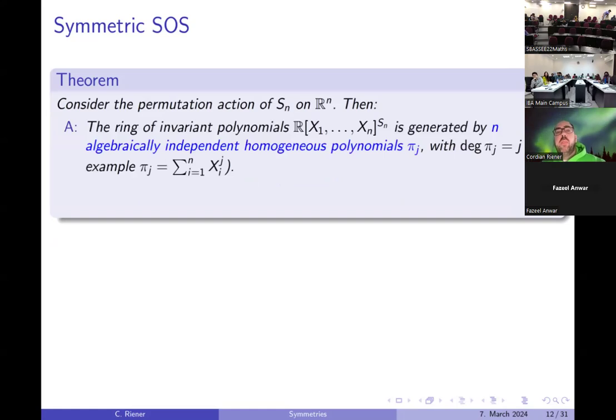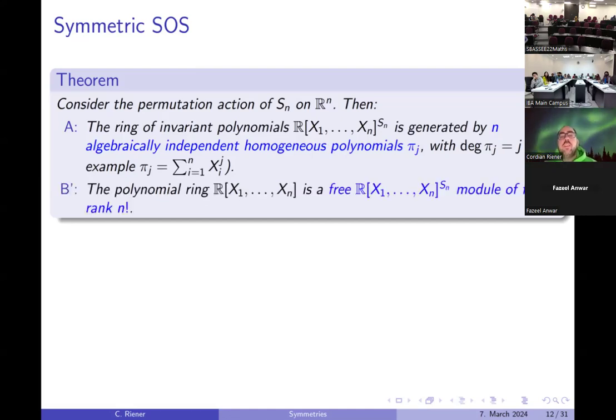Okay, so now let's try to generalize this a little bit for the permutation action of Sn on Rn. So we know, and this we have already seen, that not only for the simple toy game of S2, but for all Sn permutation actions on Rn, the ring of invariants is generated by n algebraically independent homogeneous polynomials Pj, which are exactly these power sums.